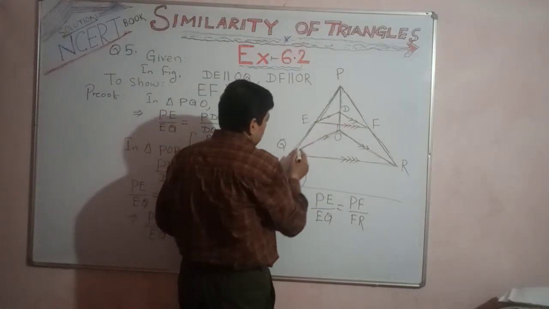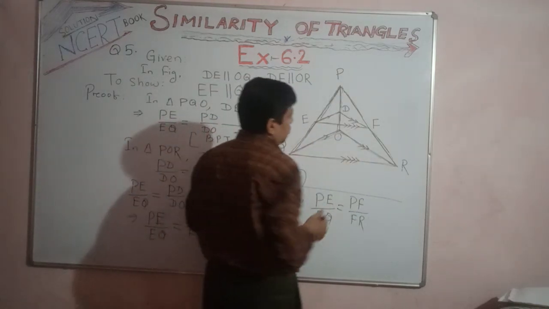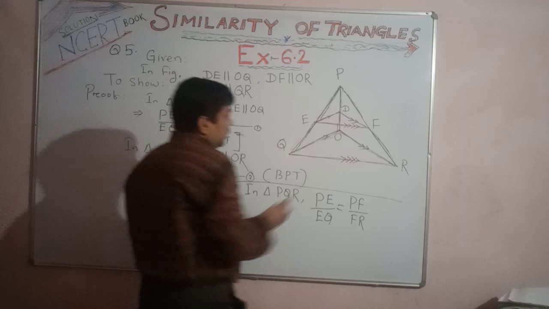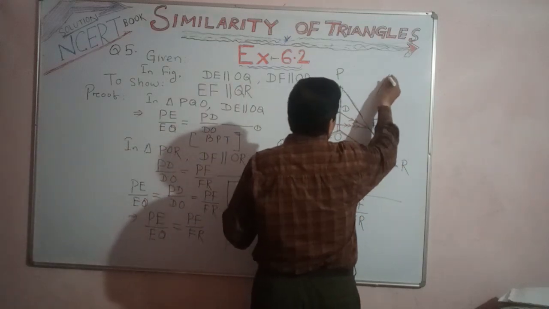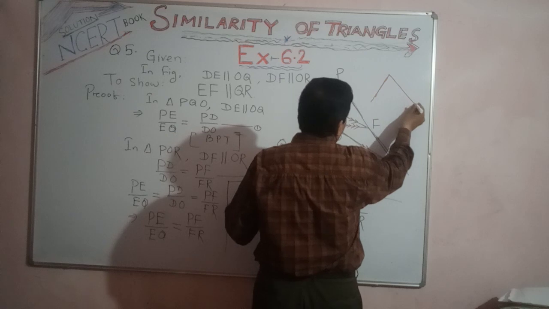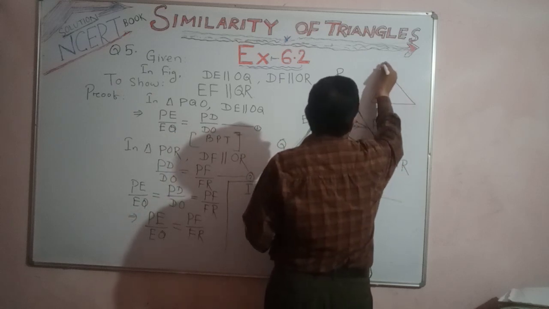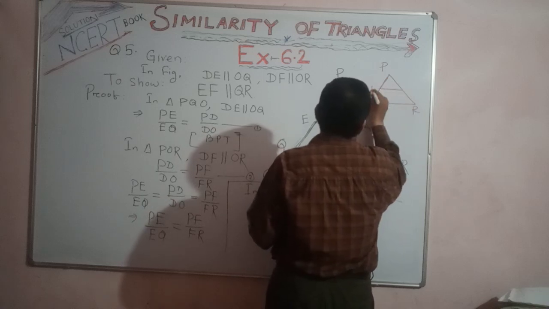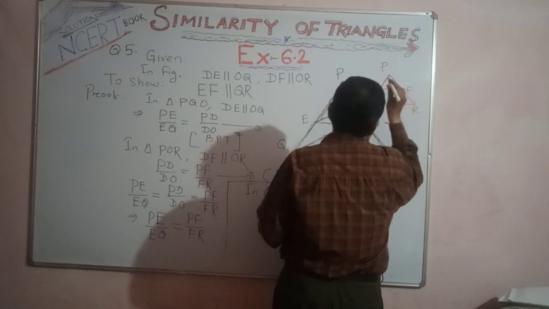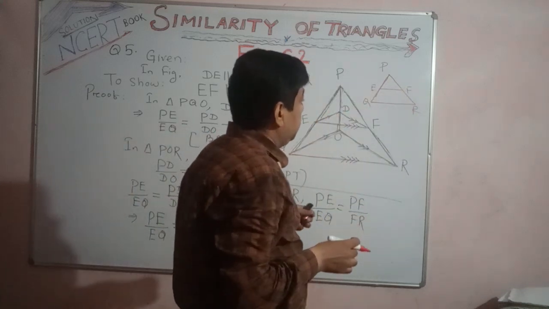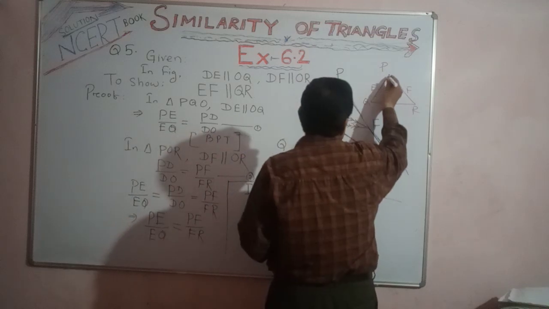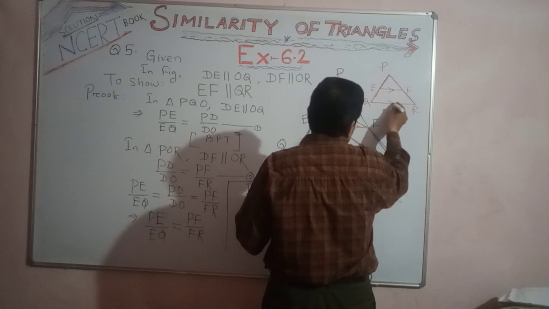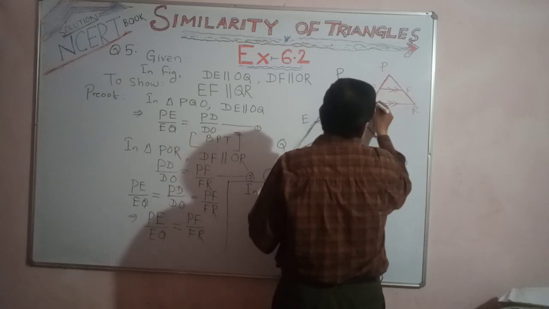Now see, in triangle PQR, EF is a line intersecting PQ at E and PR at F. And again we have proved PE upon EQ is equal to PF upon FR. So, according to the converse of the basic proportionality theorem, EF is parallel to QR.